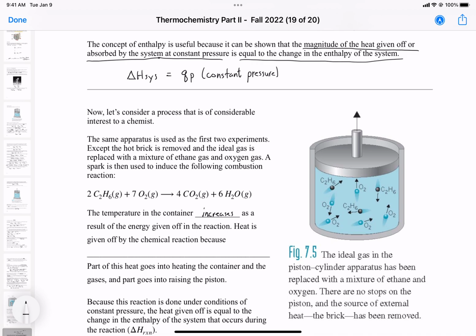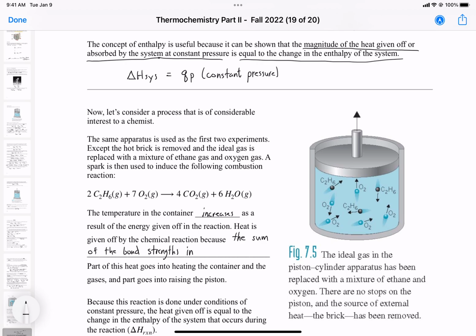Okay, so heat is, let's see here. Oh, okay, so let's answer this question. Heat is given off by the chemical reaction because, now let's write this, the sum of the bond strengths in the products.